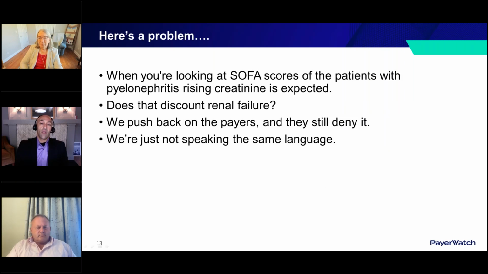So again, here's a problem. Sepsis 3 has the sequential sepsis-related organ failure assessment score, and if you have a pyelonephritis with rising creatinine, does that discount the renal failure? No. And this is what the payers love to do.